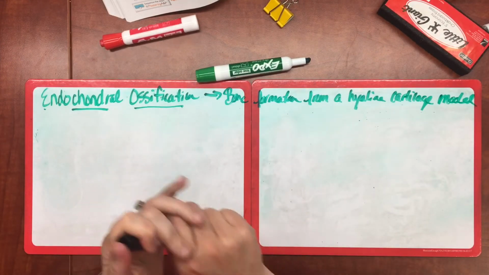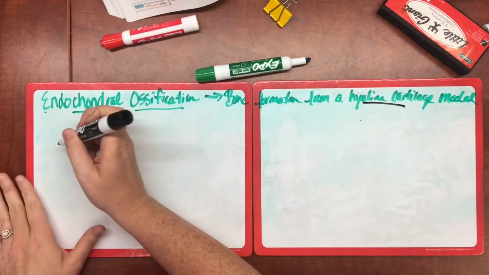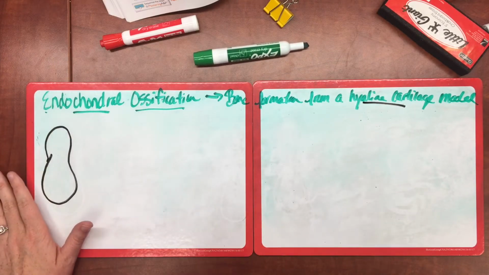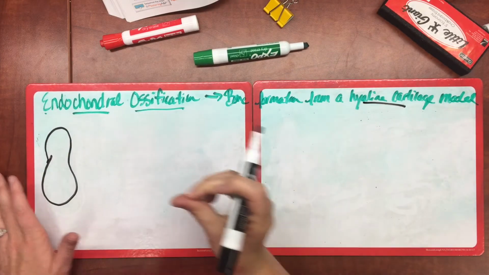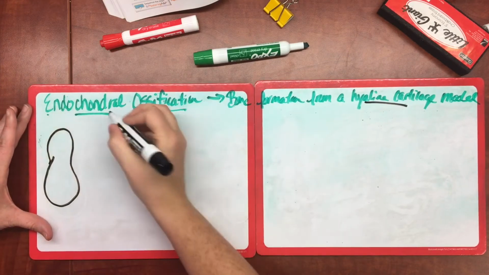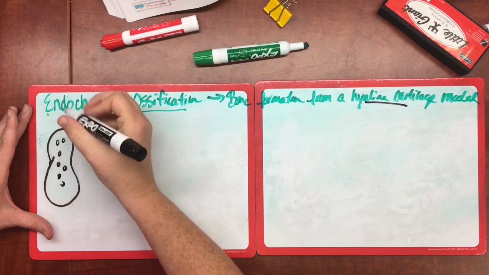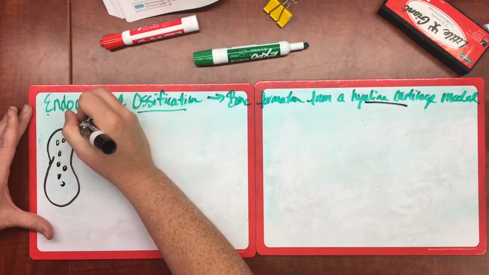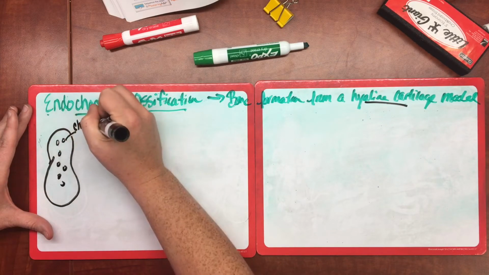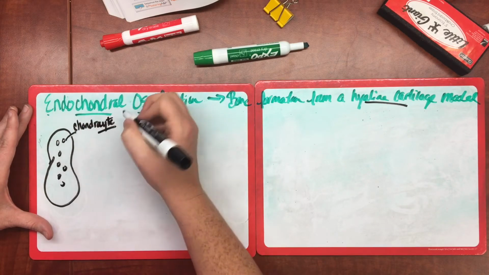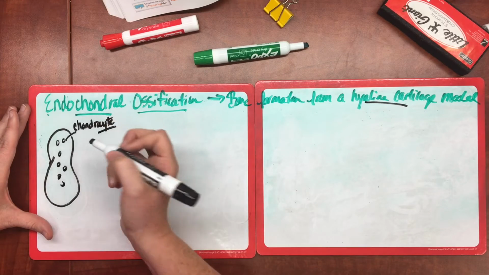Okay, so how do we start? Well, we start with our hyaline cartilage model, obviously, and it's going to look something like this. So it has cells in it. If it's chondral, it's cartilage, so it's got cartilage cells in it, and these are chondrocytes. Cyte always means mature cell, chondro means cartilage, so this is a mature cartilage cell.